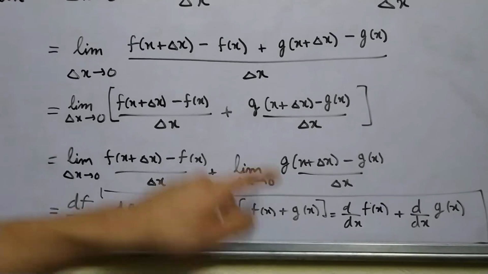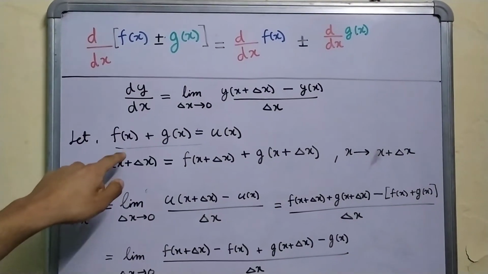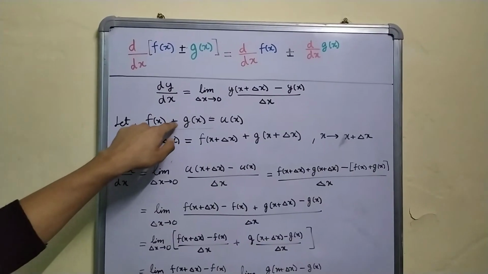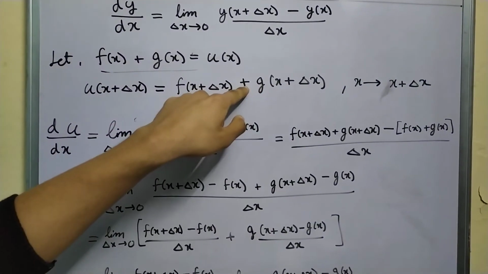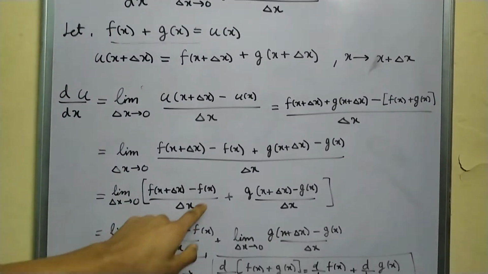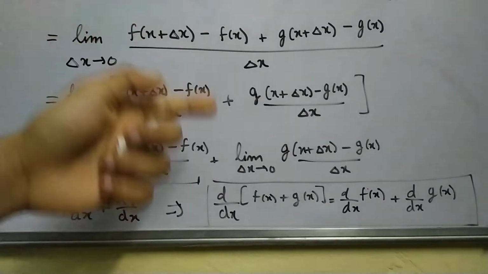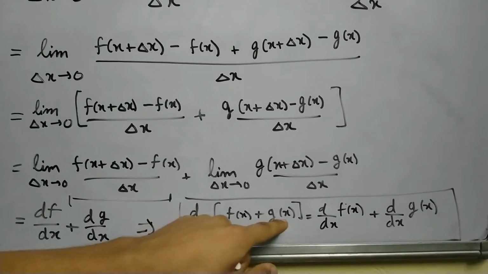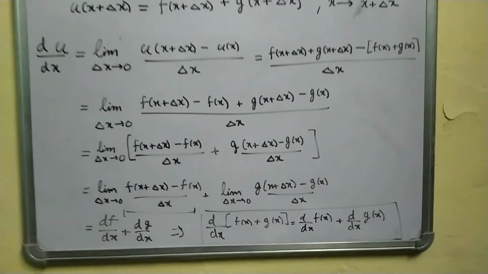And the same goes for the minus sign. So if we have f of x minus g of x, your u will be f of x minus g of x, and u of x plus delta x will be the same thing with a minus sign. You will be doing basically the same steps, and you will get that the derivative of f minus g is equal to the derivative of f minus the derivative of g.